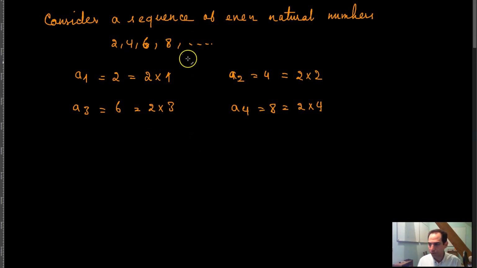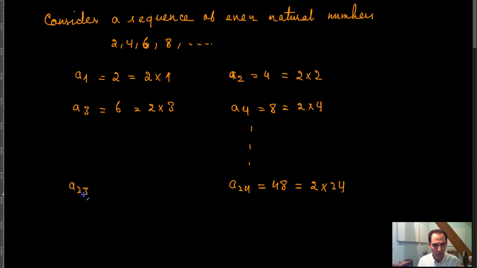For example, the 24th term of this sequence would be a of 24. You can just keep writing it out, and you would get 48 there, which is 2 times 24.